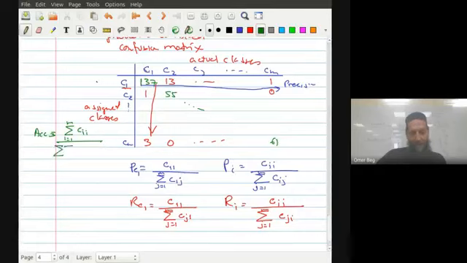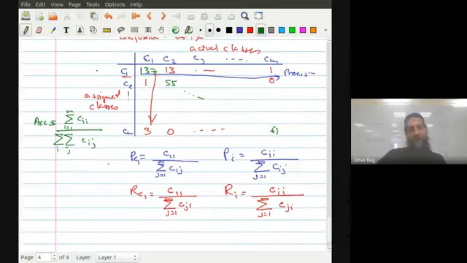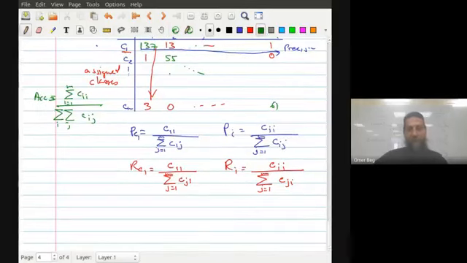So that would be a double sum over i and j of Cij. Okay? So that would be the accuracy of the system, of our algorithm. So now the question is, how are we going to compute the F measure or F1 score?